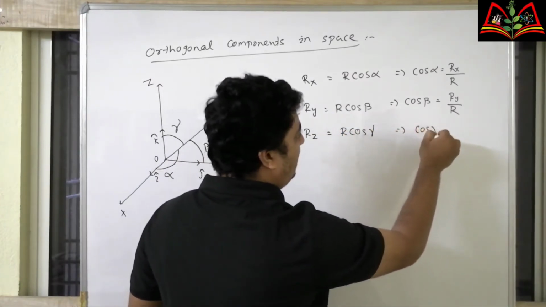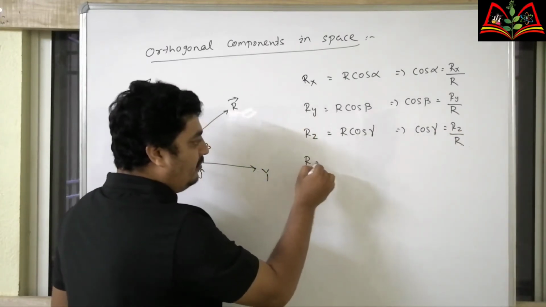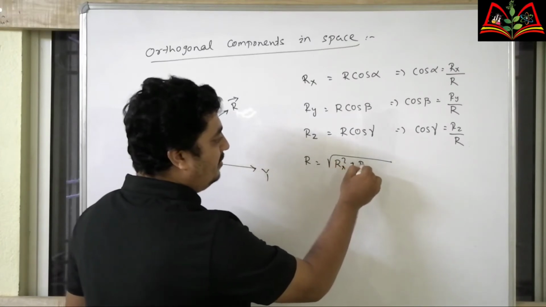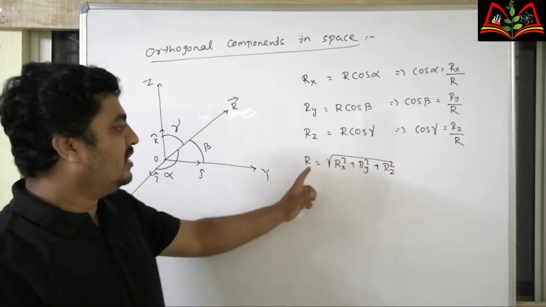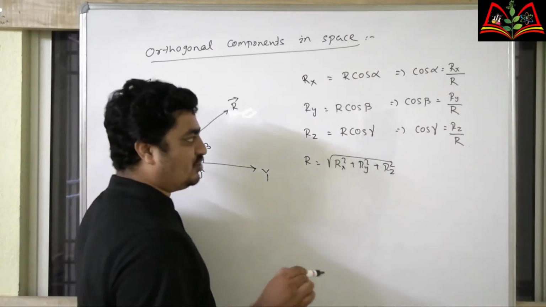So cos gamma equal to Rz by R. Now R will be equal to root over of Rx square plus Ry square plus Rz square.